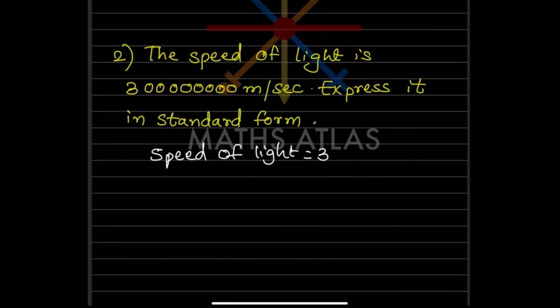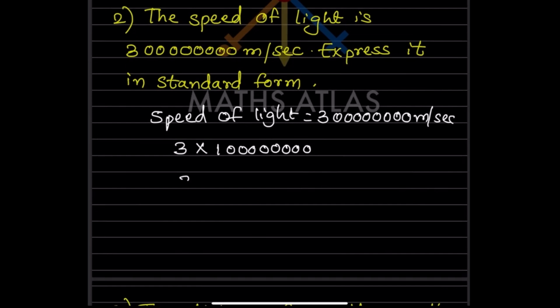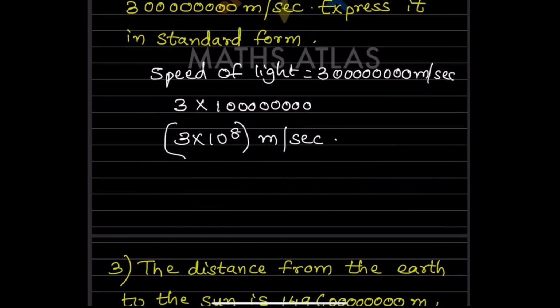That is meter per second. This also can be written as 3 into 10 raised to 8. You can put a bracket there because there are two numbers, meter per second. So this is the answer.